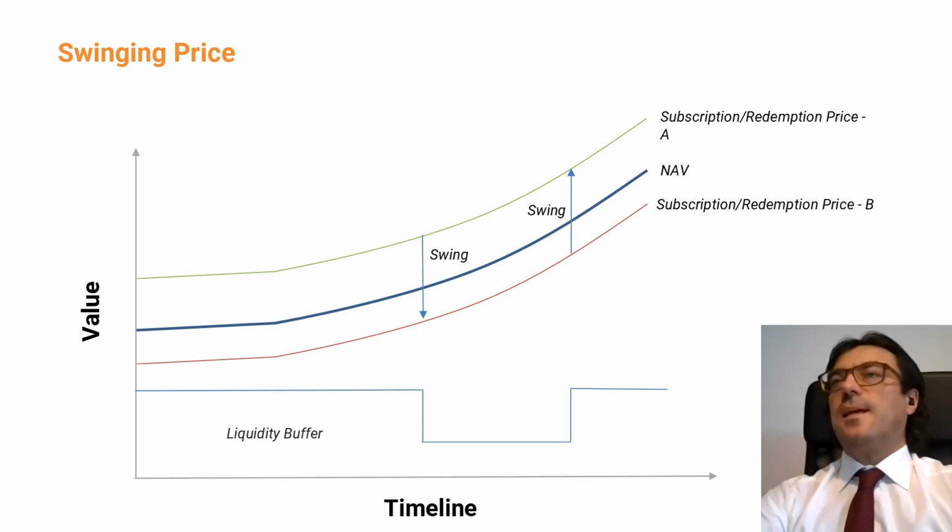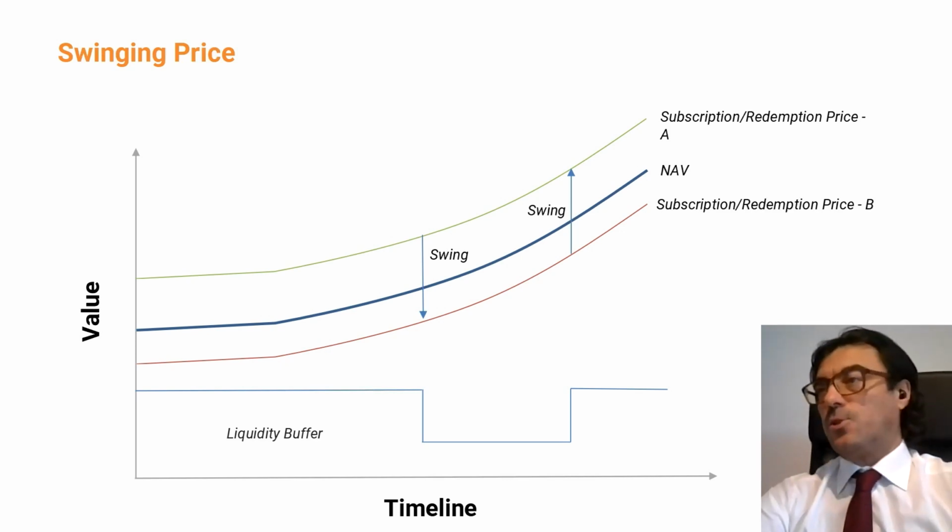So the investors will be able to redeem at the green line as long as the liquidity is high. If the liquidity drops, the fund will swing the price, and it will now accept redemptions and subscriptions at the red line.